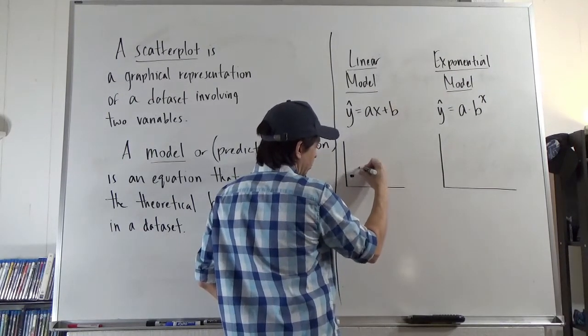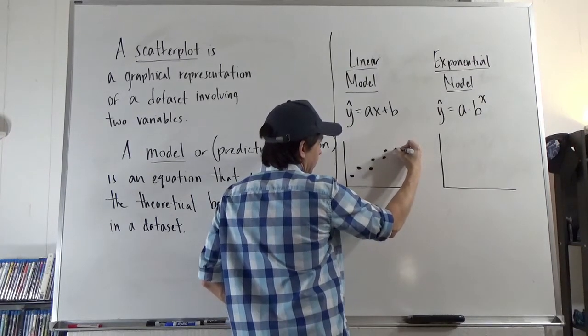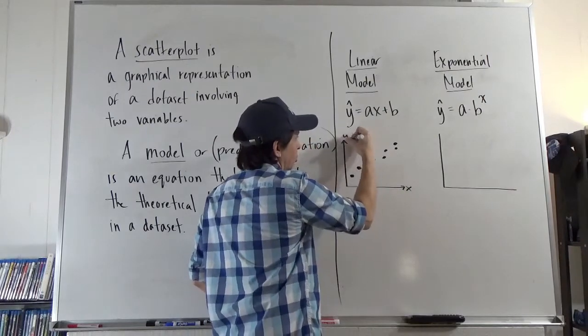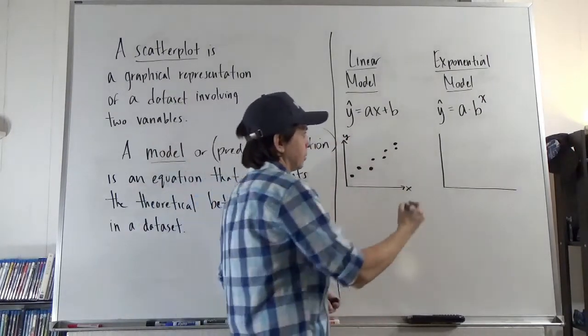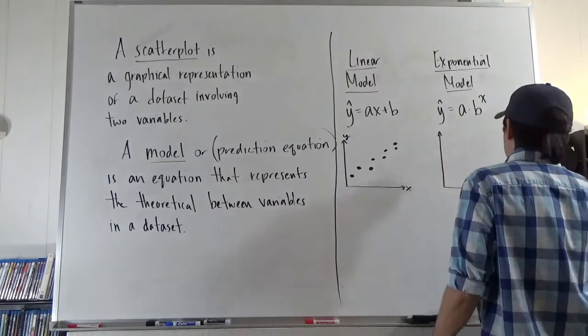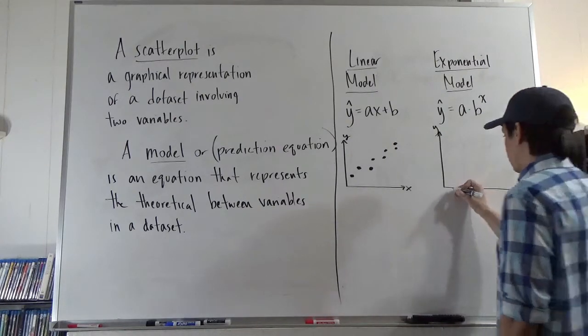I'm going to draw it big so you can see. That's x, that's y. And for a data set that would hint at an exponential model, it would look something like this.